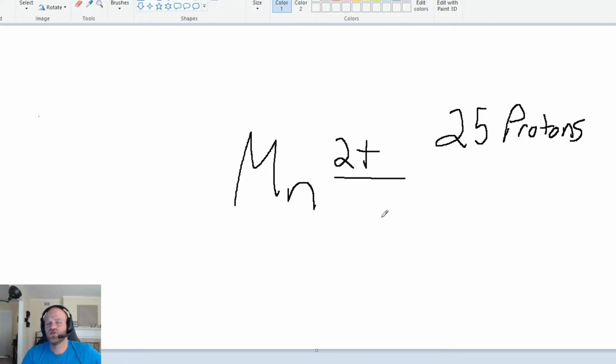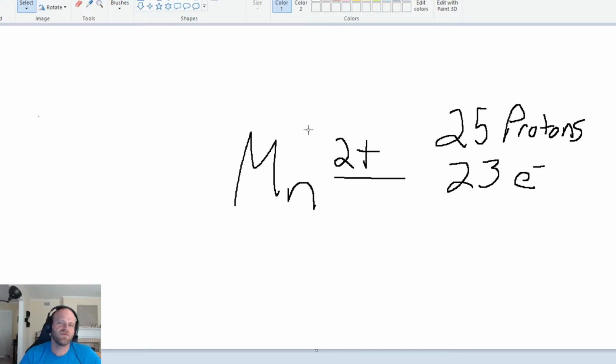It has 2 plus, so that means it has 2 more protons than electrons. If it was 2 minus, I'd have 2 more electrons. So 2 plus, meaning 2 more protons, would make 23 electrons. I'm just going to use this little symbol for electrons. Right? So that is how you determine the number of protons and electrons.